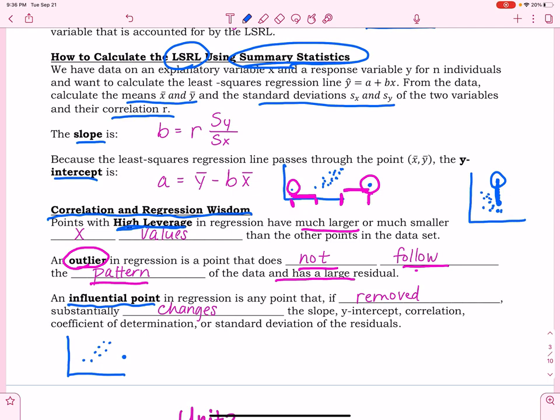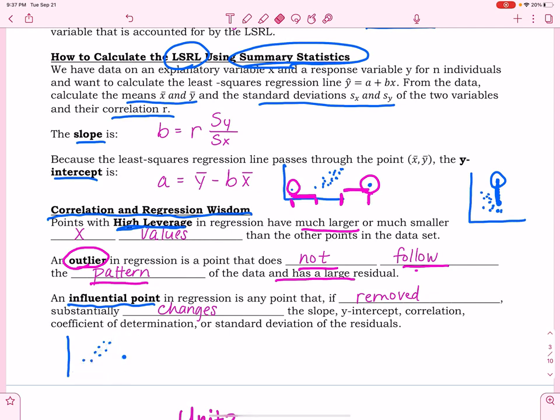Well, I want you to notice that it lies outside the pattern, so therefore it is an outlier. So it's going to have a high residual because if I have my LSRL here, that's going to be a big distance. And also it's got space here this way between it and the rest of the points, so it is also high leverage.